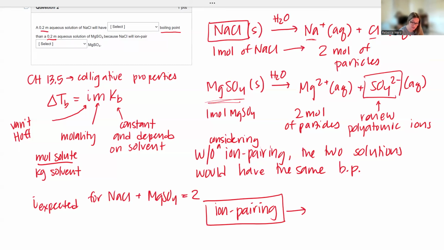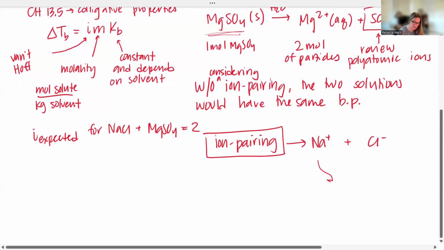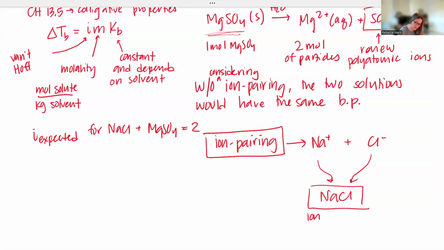Occasionally, Na+ and Cl- will come together in solution and be NaCl, a unit like this. That's an ion pair. They don't stick there forever; they come together, then come apart, then come together. So it's an equilibrium, but at any given point in a solution, some of this is happening.